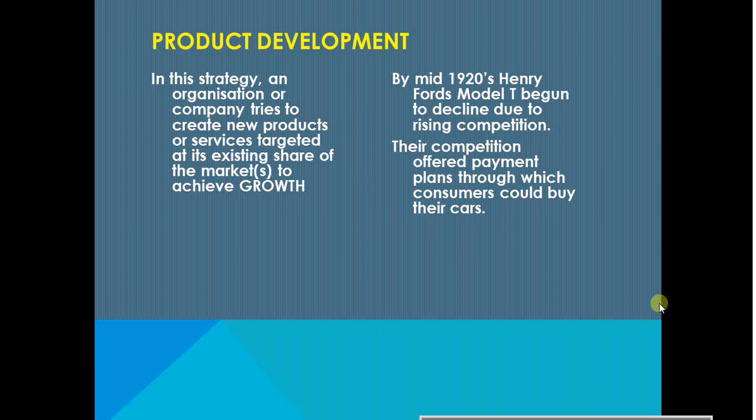You see, at that time, as the economy changed, people needed finance to be able to purchase their vehicles. The vehicles that had started being sold at a simple cost were now becoming more expensive, and competitors picked up on that and were able to offer payment plans or credit to their customers.